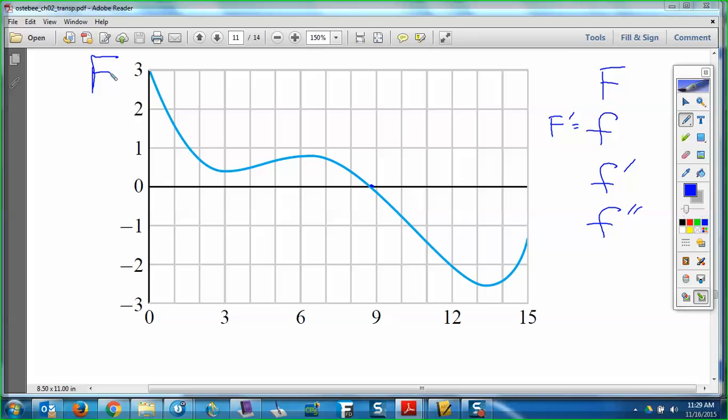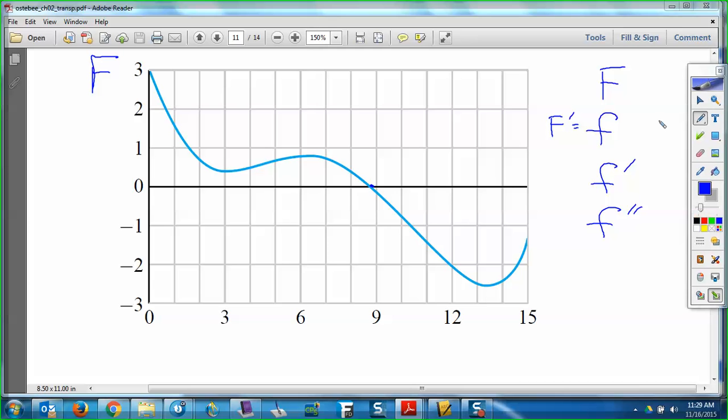Okay? All right. So then it asks you all these questions. So it tells you about where it crosses and what those numbers are. Where is little f positive? Well, so we're thinking of the chart. Little f is positive when big F is increasing. So when is this graph increasing? And they tell us in the directions where the stationary points are. So this would be 3.2.